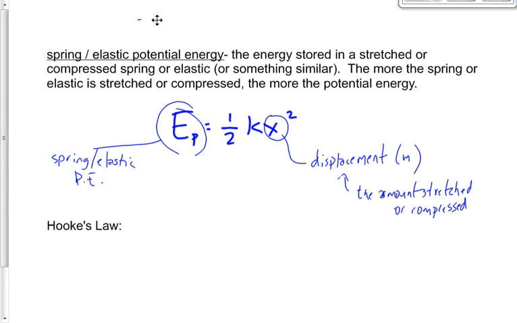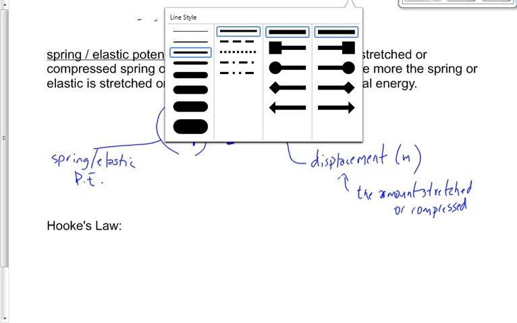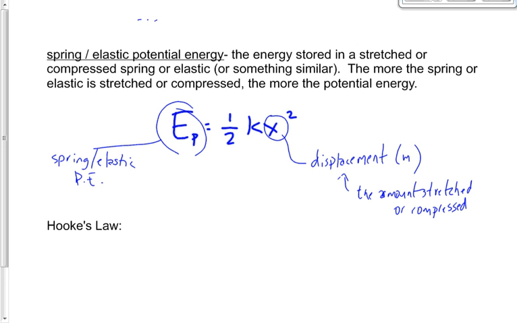Now, k is even a little bit more tricky than the displacement. k is something that we call the spring constant. The unit for the spring constant, by the way, is newtons per meter. The spring constant is effectively a measure of how stiff the spring is, or how stiff the elastic is. You know from stretching different elastics that some of them are a lot stiffer than others.